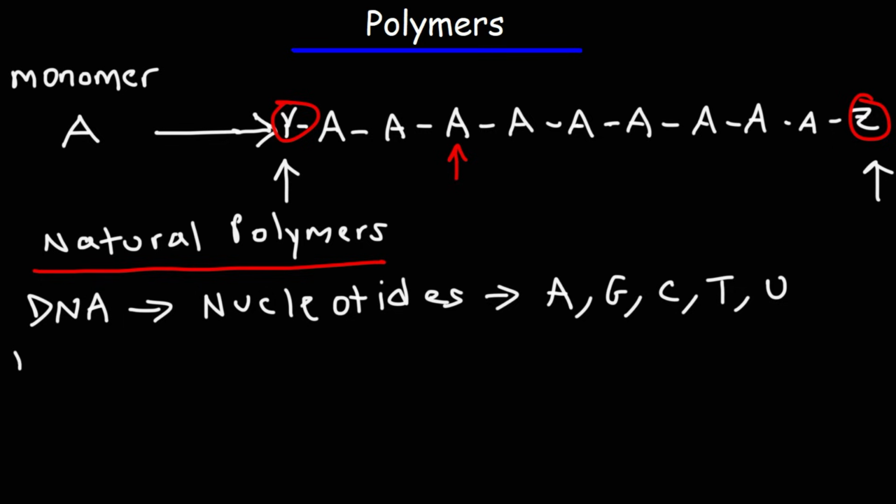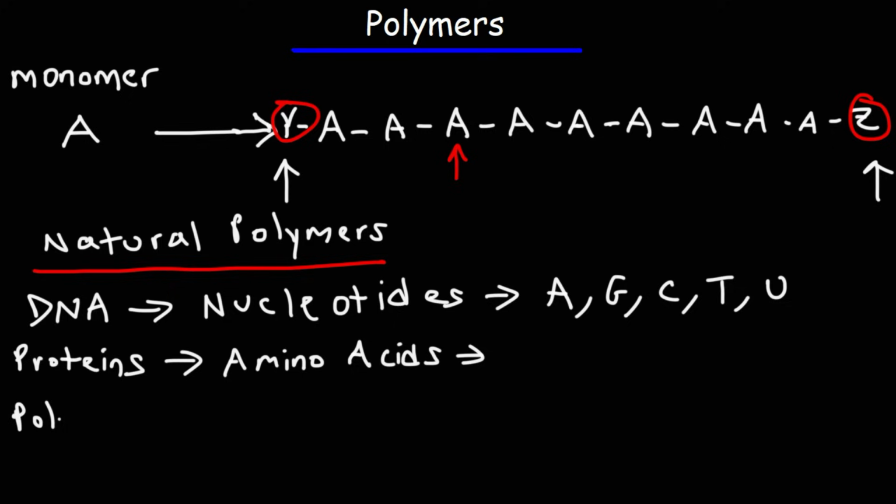Another example of a natural polymer is proteins. The monomers of proteins are amino acids. So think of amino acids like tryptophan, histidine, cysteine, methionine, glycine, proline, valine, isoleucine. Those are the monomers of proteins.